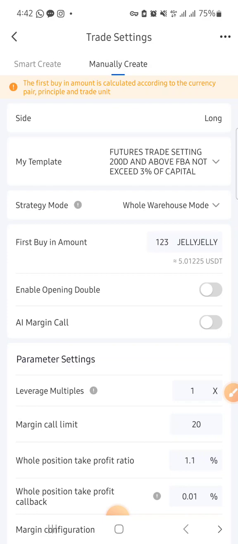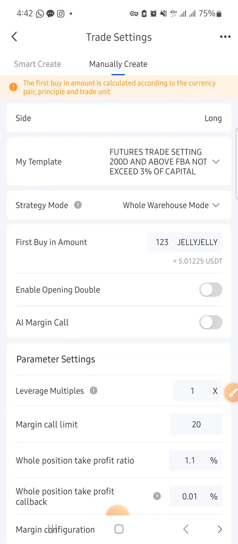First buying amount not to exceed 3% of the capital. I normally put this there because this account is not actually mine. It is my uncle's. So in case he's logging in to trade by himself, I have put all of this there. You too can do that when you are putting your template so that you don't forget.